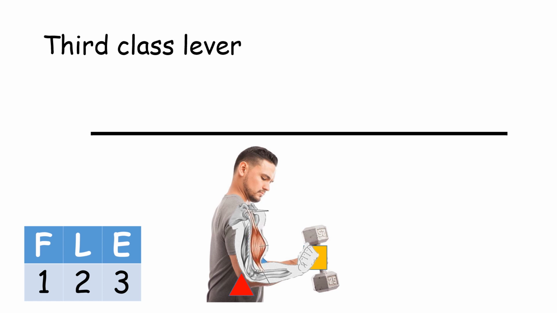So for example, just put an image of the bones and the muscles over the top of that. I know for sure if I start at the load, just draw a square shape in there, and if I was to draw a line across, the next thing that I would get to would either be the effort or the fulcrum.